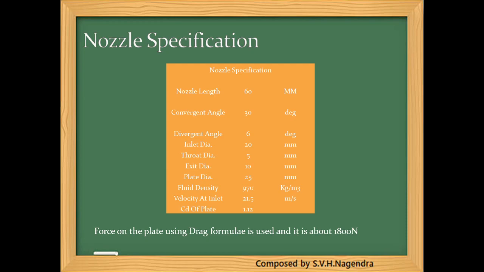As per the drag formula, with the given values, after applying the continuity equation, because the flow is incompressible, there is no change in density, I found the velocity at the exit, and using that I calculated the force at the end of the nozzle, where the diameter equals 10 mm.